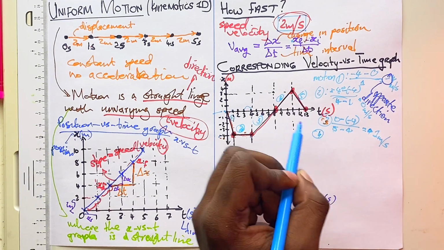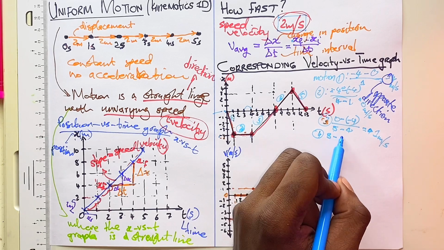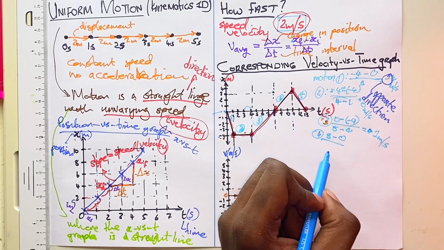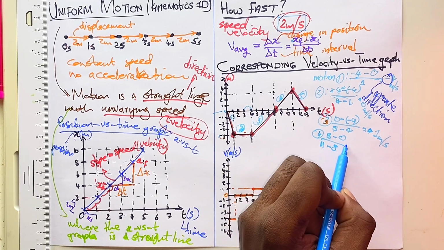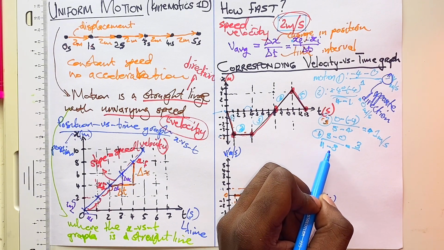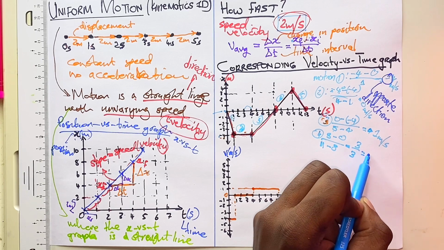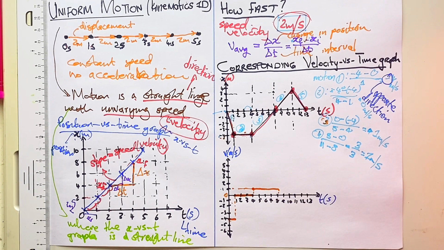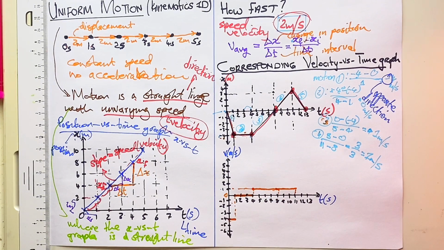For motion 4, our final position is 3, our initial position was 0, our time interval, we are at 11 seconds, subtract the initial time, which was 8 seconds. So we have 3 over 11 minus 8, 3, which is 1 meter per second. So it continues to move at 1 meter per second until time is 11 seconds.